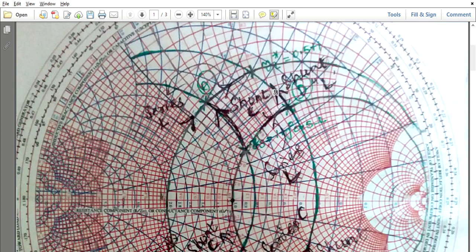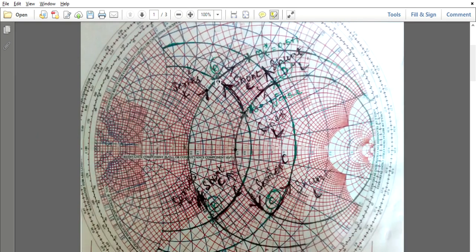So here I have marked A, B, C, D. This is the first intersection point between this G circle and this R circle. If you fix the intersection point, just below that, parallelly, you will have one more intersection point, that is B here, right?